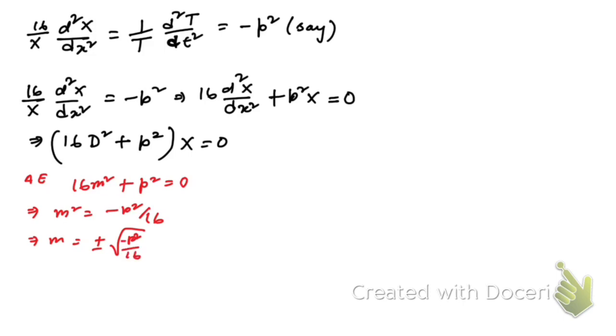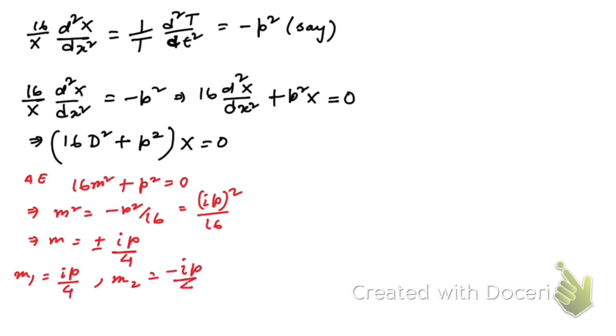Minus p square can be written as (ip) whole square, by 16, and the square root of that is ip by 4. So we have got two roots: m1 is equal to ip by 4, and m2 is equal to minus ip by 4. Here the roots are imaginary, so we are getting complex roots.